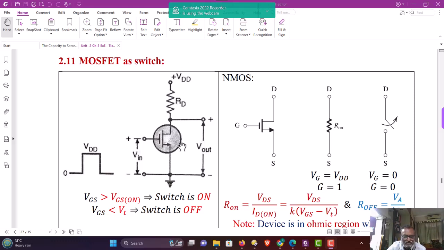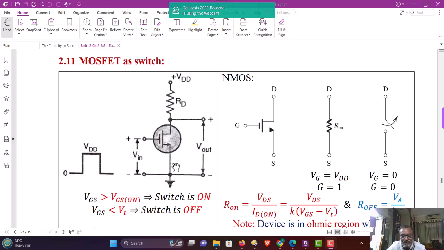When current is flowing through this MOSFET, it produces a voltage drop across RD, and therefore the value of output voltage VOUT is given by VDD minus ID RD, whereas ID RD is approaching towards VDD, and therefore Vout is approaching towards 0.